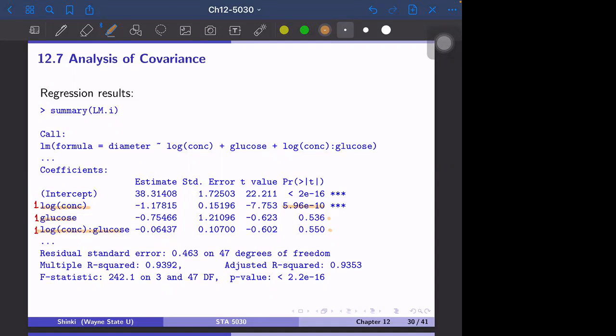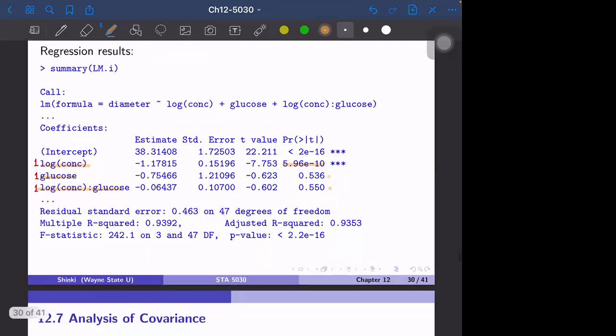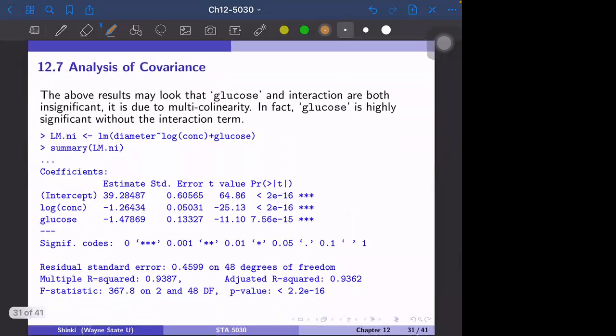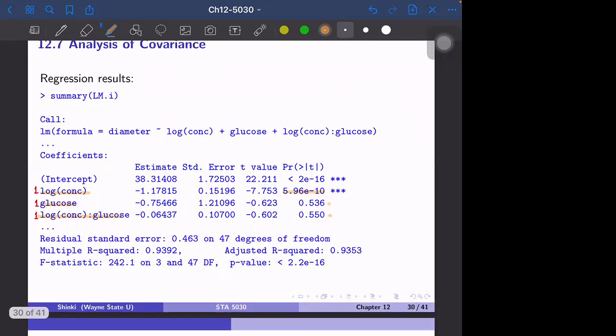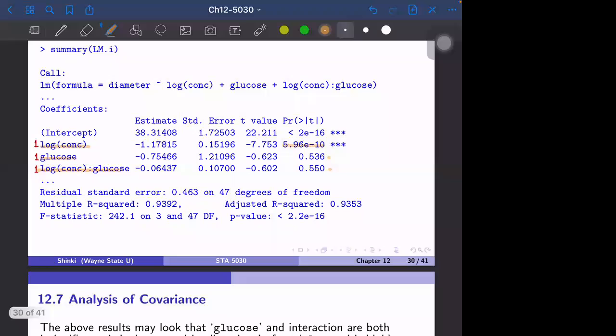If we drop one, maybe the other becomes more significant. But at this point, we are not sure if these two are really significant variables. So this is the regression result.